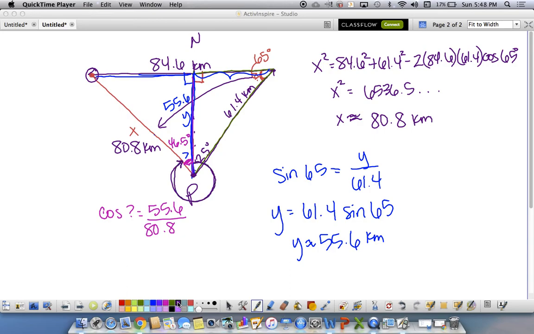I want 360 to find the angle, so I'm going to say 360 minus 46.5. And it's on a bearing of 313.5 degrees.